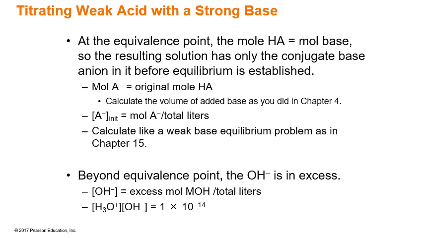It's like a weak base equilibrium problem, just like we saw in chapter 15. One thing that you do have to remember here is that because you've added volume into the solution, you have to remember to divide by the total liters, so the amount of acid you started with plus the amount of strong base that you've added to the solution, in order to find the concentration.